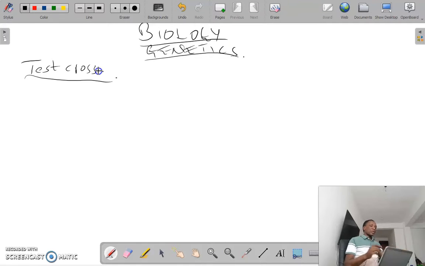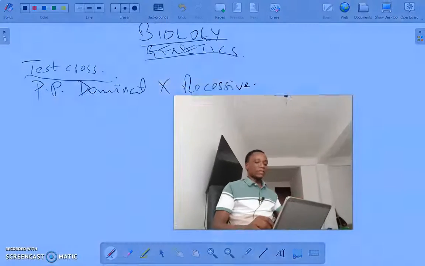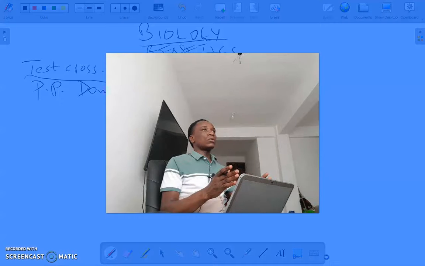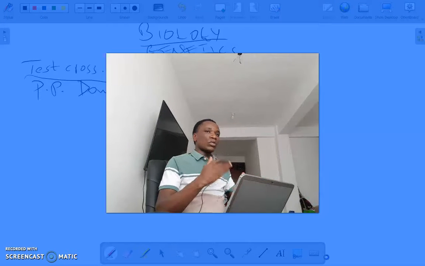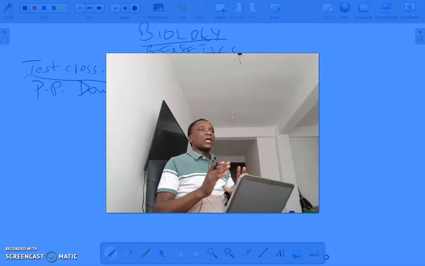So mainly, in the parental phenotype, we always cross an organism showing the dominant phenotype versus an organism showing the recessive phenotype. For example, in Mendel's experiment, Mendel was crossing what we call pea plants, and he concentrated mostly on the characteristic of height.